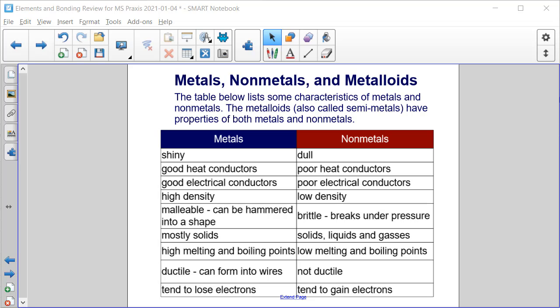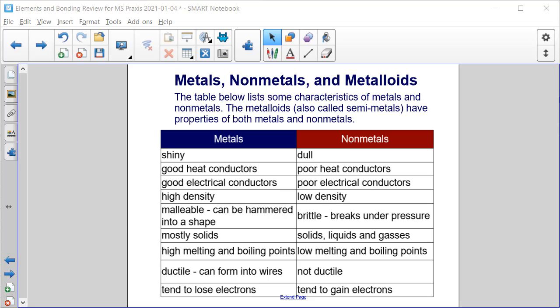Metals have a very high density, meaning that their atoms are very tightly packed into a solid oftentimes, whereas nonmetals have a much lower density. Many nonmetals in their elemental natural state are gases, in fact. Metals are malleable, which means they can be hammered into a shape, whereas nonmetals are quite brittle and break under pressure. Metals generally are solids.